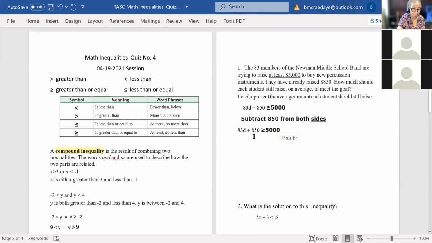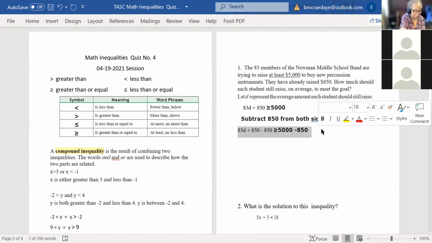Subtract the 850 from both sides. Put it here, 850, and do it on the right from the 5,000. Subtract the 850. What do you get on the left side, Maureen?